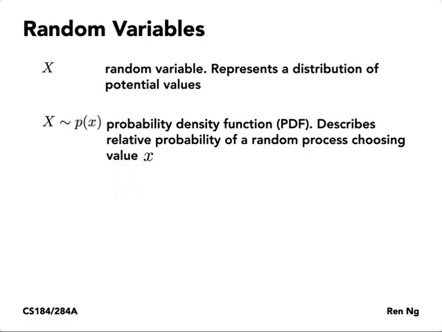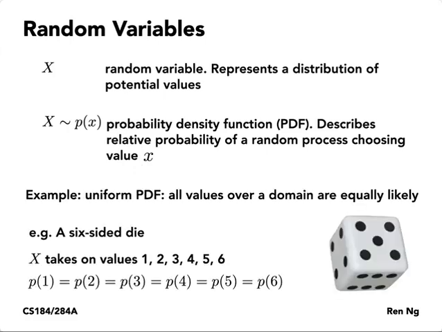Okay. So for example, if P of X was like a bell curve at the origin, then it'd be more likely to choose 0 values and less likely to choose increasing values, like following a Gaussian distribution, as one specific example. We'll look at other examples today. Here's another example. In this case, a uniform PDF, probability density function, all values over the domain being equally likely, such as a die that you could roll.